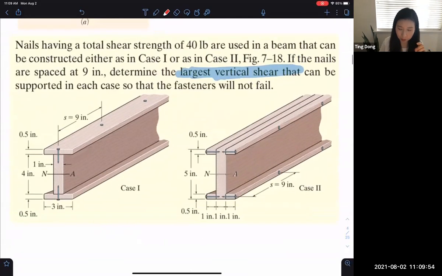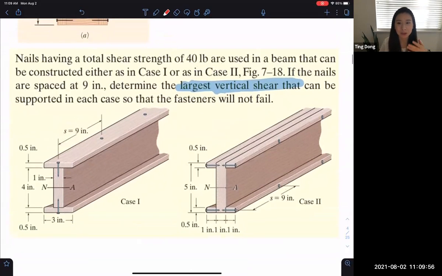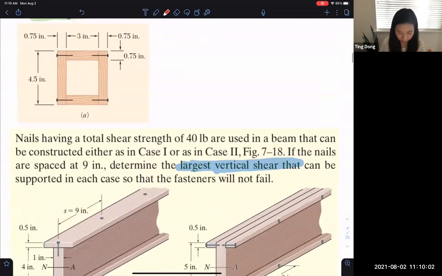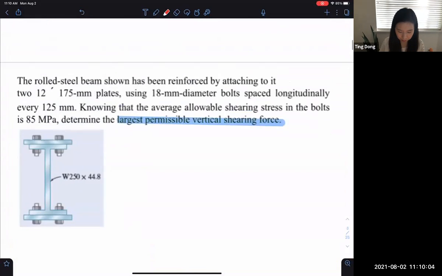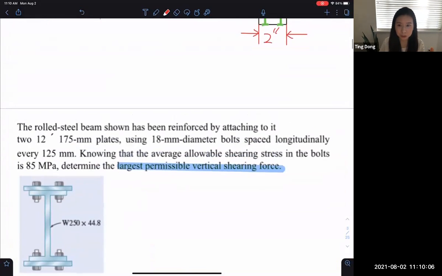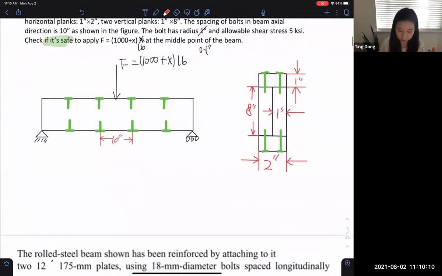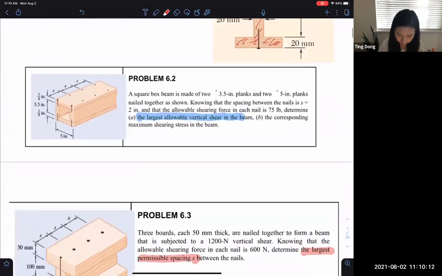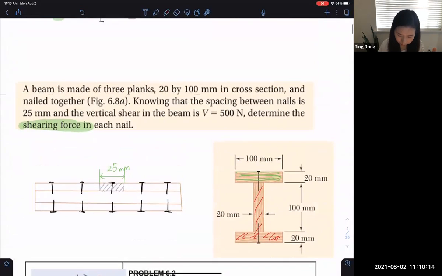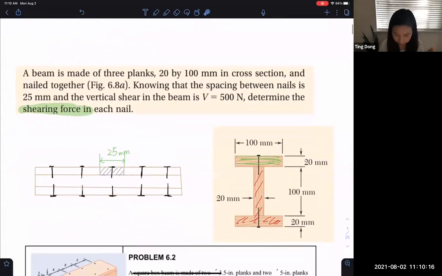So I think if you understand all these problems, it is definitely good enough. You do not need to look for extra problems to practice. And as I said, the most important part is to find out the Q, so the corresponding A. So if we put all of this together, I hope it can help you better understand.